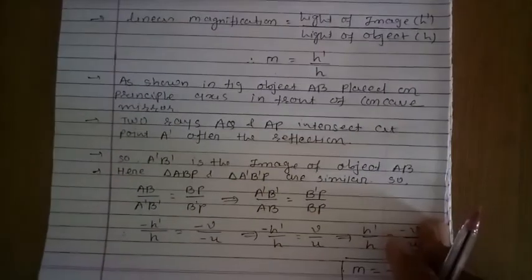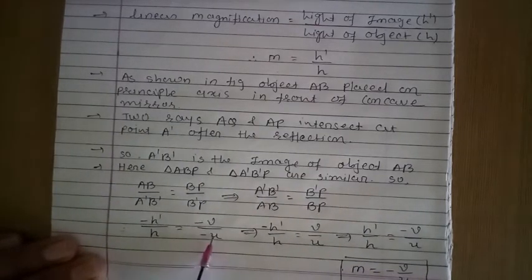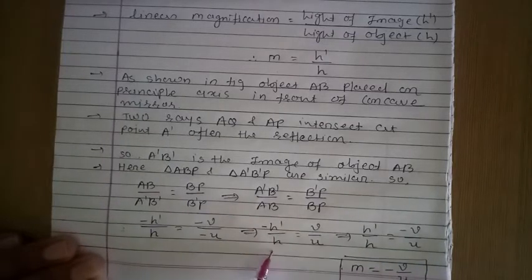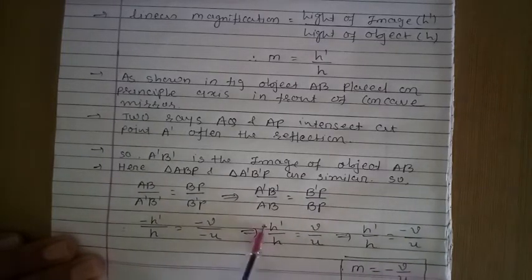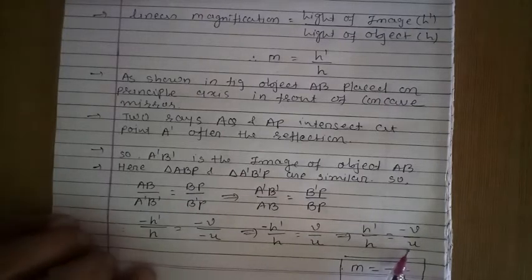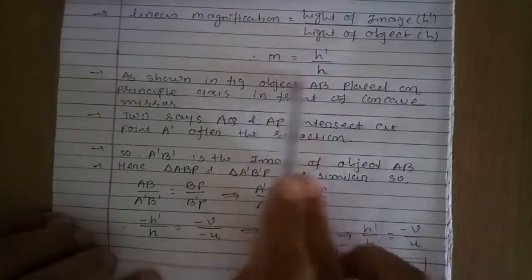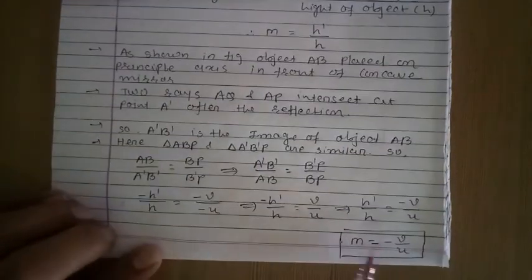So A dash B dash is minus h dash, AB is h, B dash P, the image distance, is minus v, and BP, the object distance, is minus u. Minus cancels, so minus h dash upon h is equal to v by u. Taking minus to the right-hand side, h dash upon h is equal to minus v by u. But magnification m is equal to h dash by h, so m is equal to minus v by u.